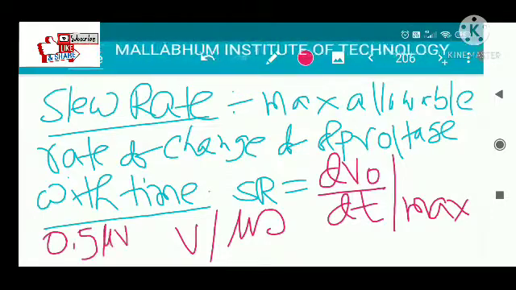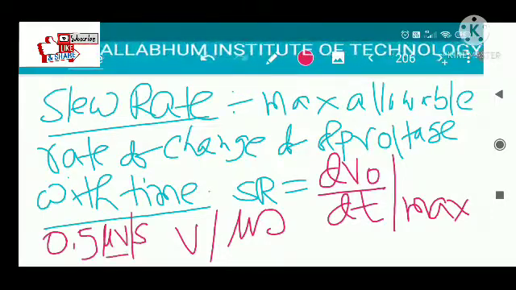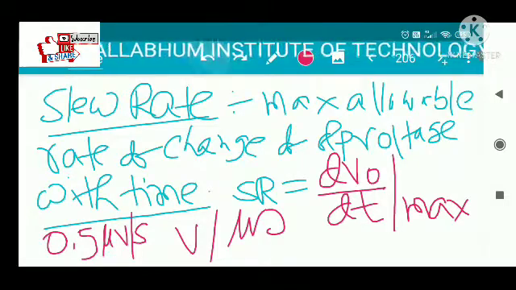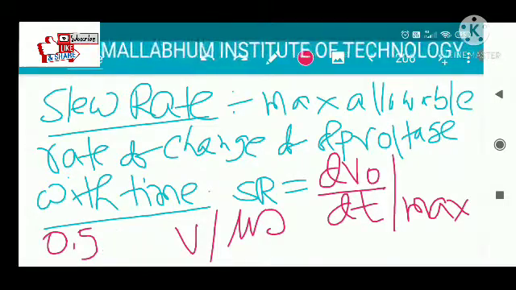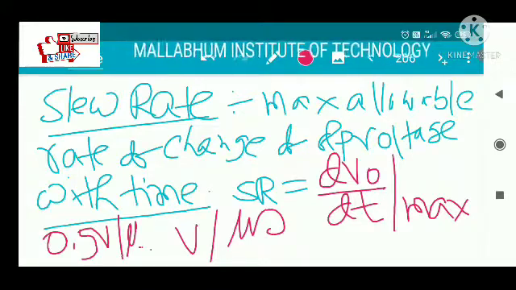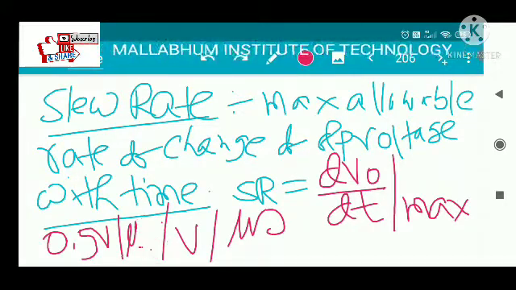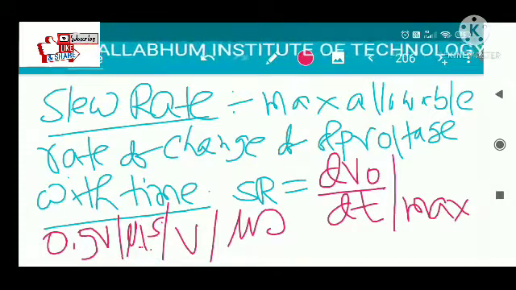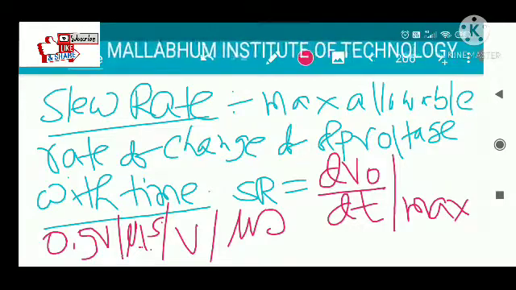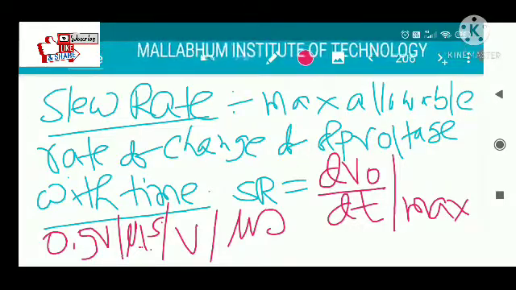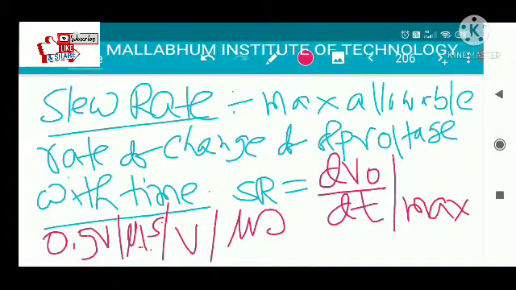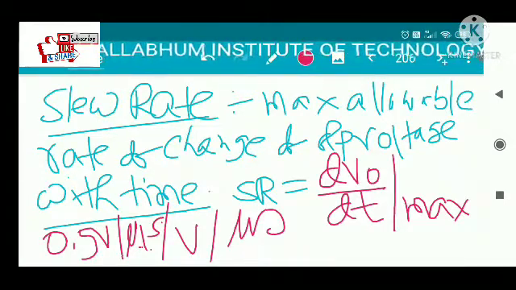Typical value of the slew rate of IC741 is 0.5 volt per microsecond. The slew rate indicates how rapidly an operational amplifier can vary its response to variation in the input frequency.